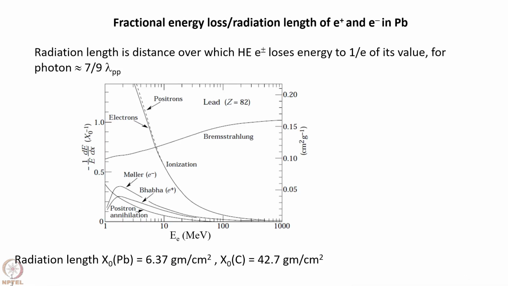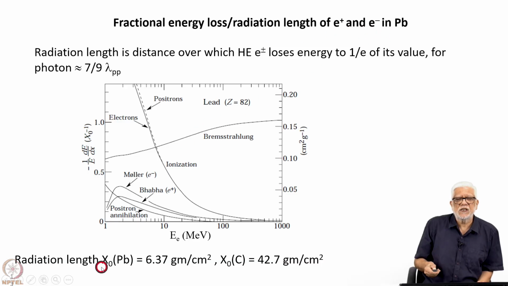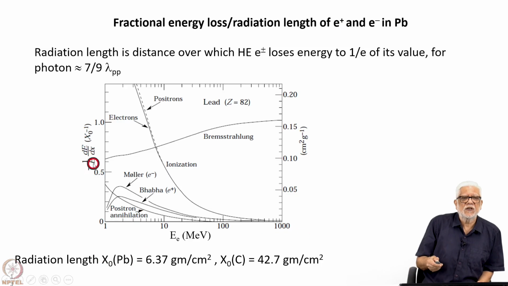This is the fractional energy loss per radiation length of positron and electron in lead. You can see as a function of electron energy, from 1 MeV to 1 GeV, the energy loss in units where the length is measured in units of the radiation length, and there is a 1 by E factor here.